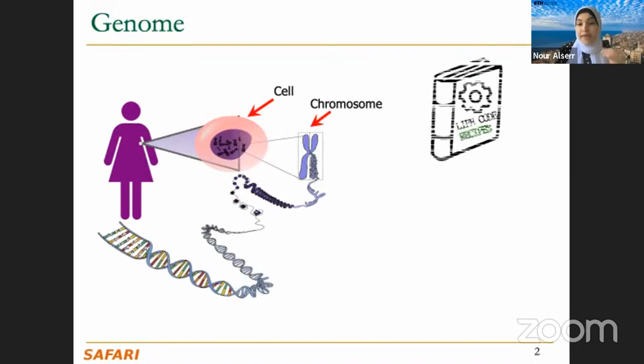We can consider it as the ingredient list recipe for making every living thing. These recipes are uniquely yours. You can consider it as the invisible signature for you. This signature is written in 4 letters, A, C, G, and T. And when we say genome, it is like the fancy word for the entire collection of the DNA.